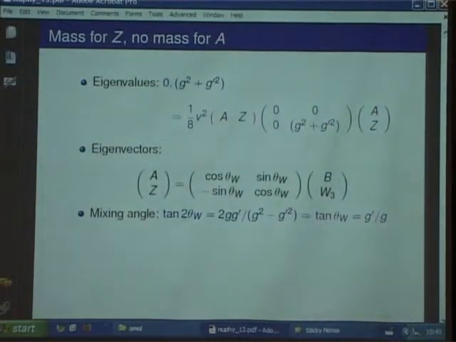So my tan 2 theta is 2gg prime divided by g square minus g prime square.